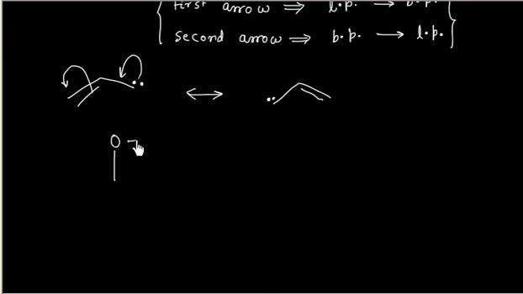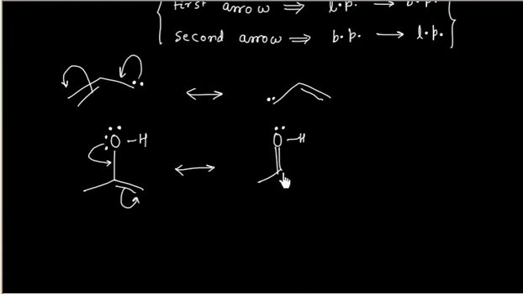Similarly, if I have this molecule, the pattern is a lone pair adjacent to a double bond. So this lone pair goes here and this double bond goes here. So we will have this.